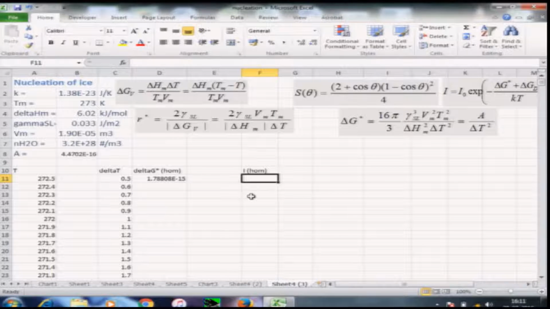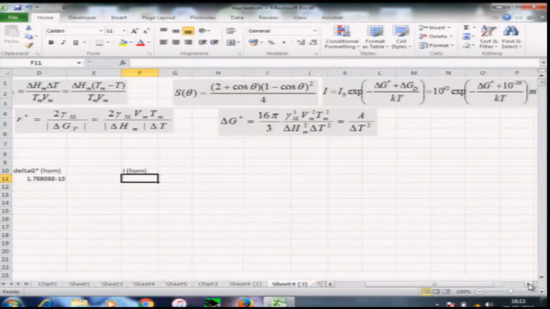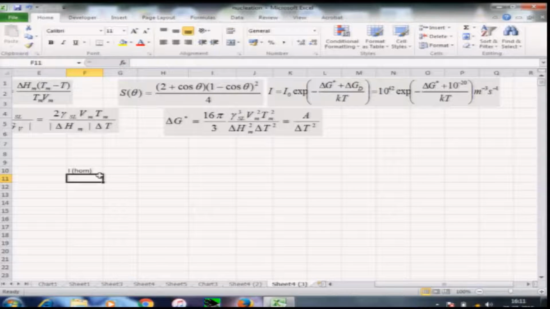Corresponding to this, let me calculate the homogeneous nucleation rate, which is given by this expression here. I is equal to I naught, and I naught I have taken as 10 to power 42 exponential minus delta G star plus delta GD, order of magnitude estimate is 10 to power minus 20 joules.